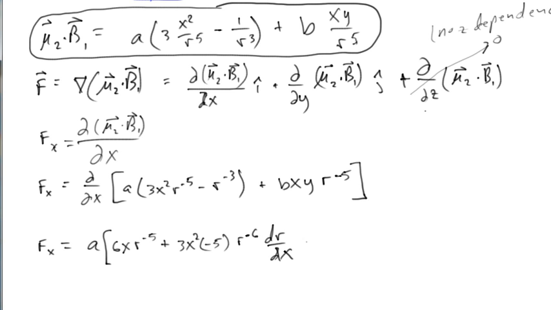And then minus, I need the derivative of this piece, that'll be a minus 3 times that with the power reduced by 1 times the derivative of the inside, dr by dx, and they should be partials.